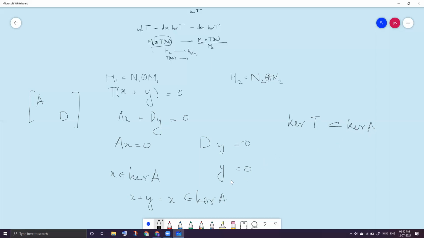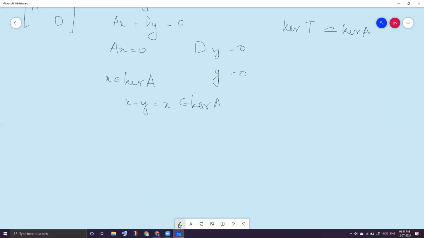And for the other part, if h was in kernel of A, again this is in N1.